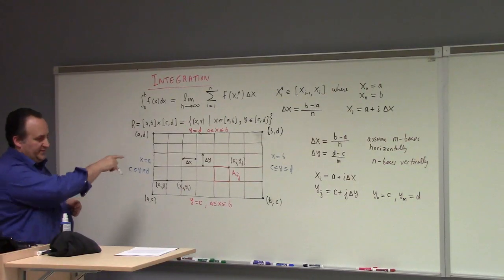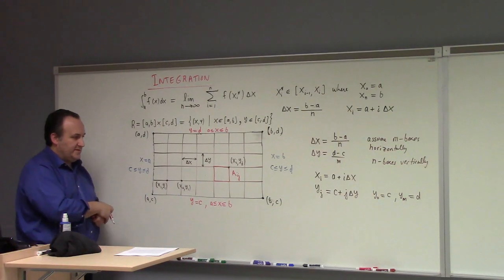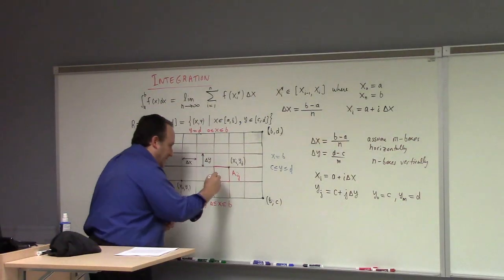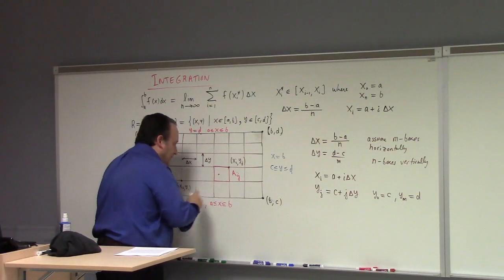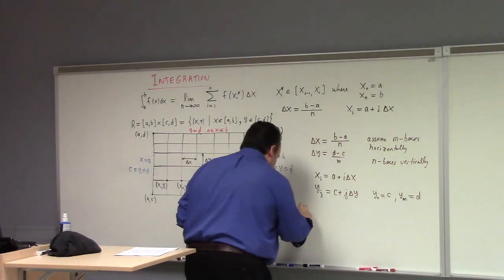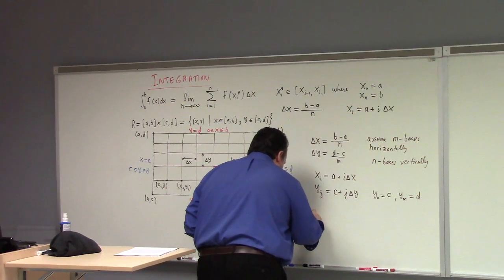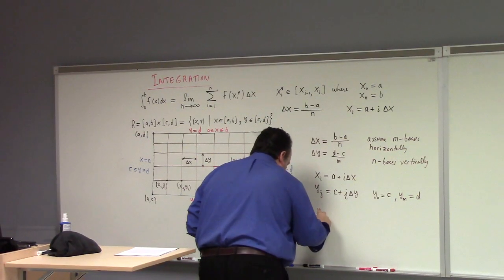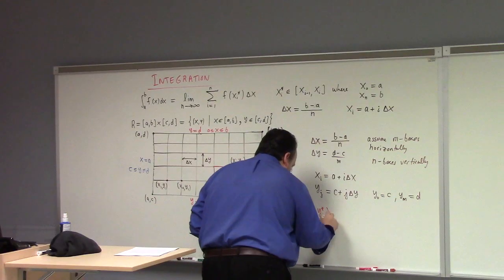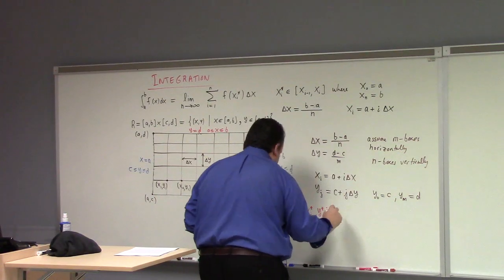That particular box there is the ijth area. And I want to think about a point in here. x sub i star, y sub j star would be an element of that area.